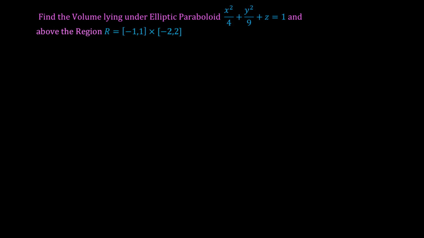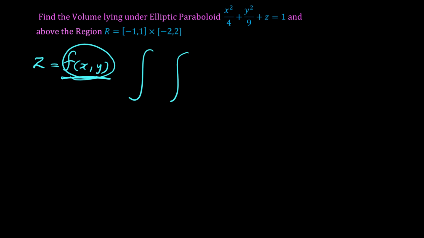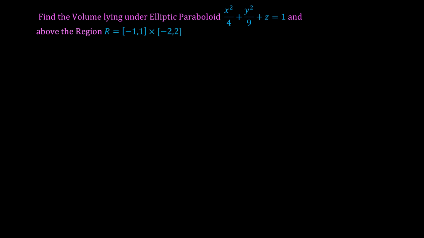First, we have to write this elliptic paraboloid, this given function, in the form of z equals f of x and y. Because we have to write the function in this form, then by finding the double integral of the function z, we can find the volume. So, first let's solve this given equation for z.